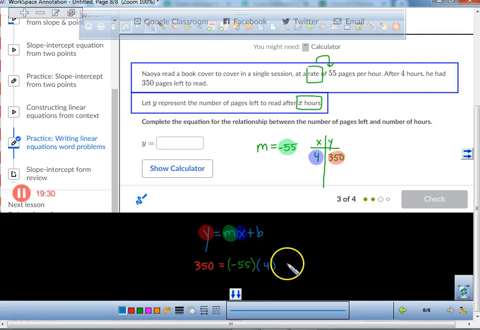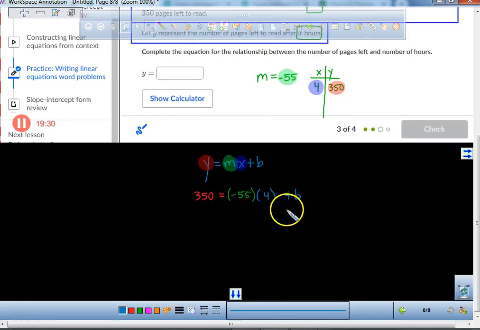And then over here I'm just going to put plus B. So right now, in your calculators, I would like you to multiply negative 55 times 4 and get me an answer. What'd you get? Negative 220.